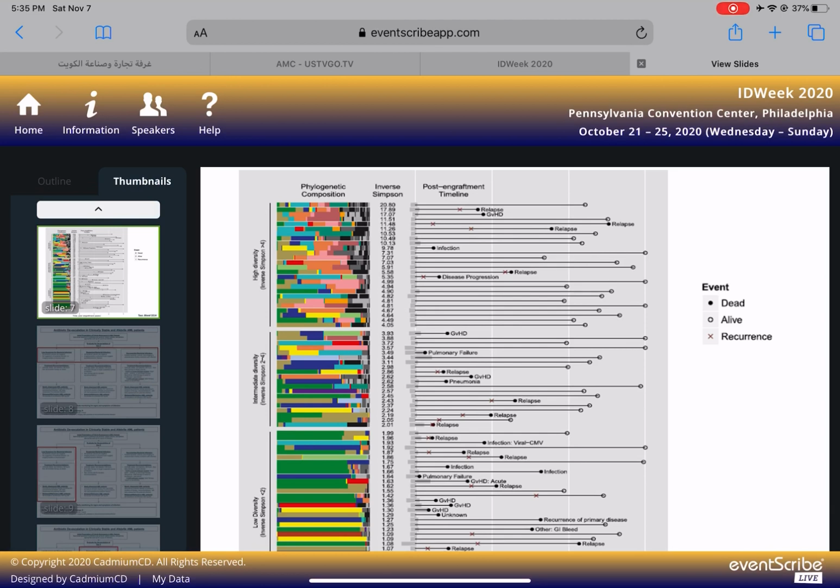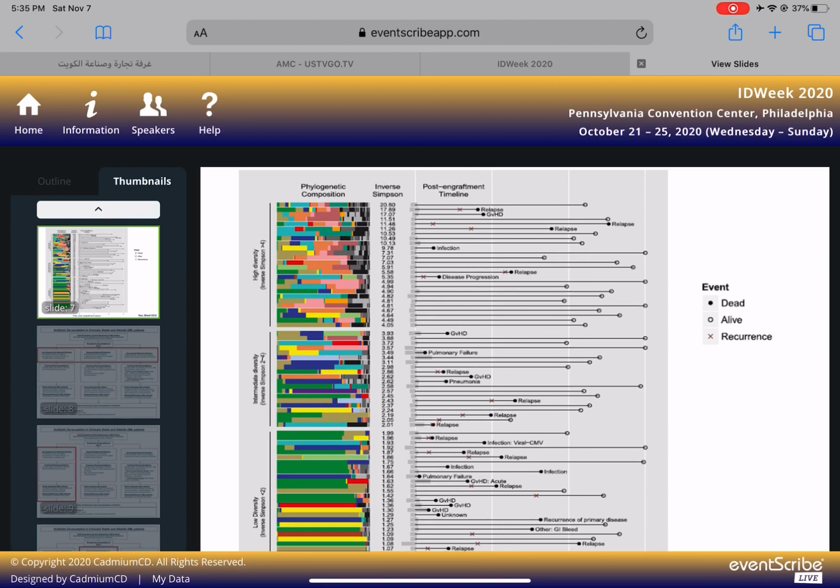Now, if we take biodiversity a step further, this is a nice analysis that again categorizes patients into high diversity, intermediate diversity, and low diversity. On the left side there, you can see the three different groupings.